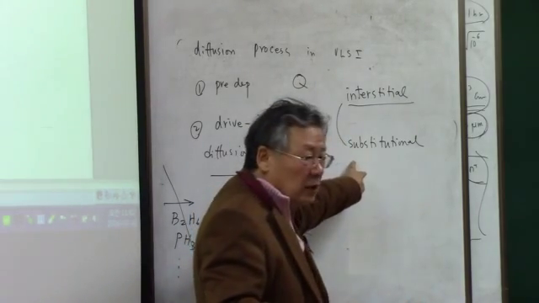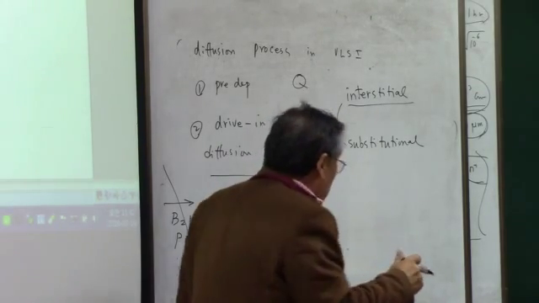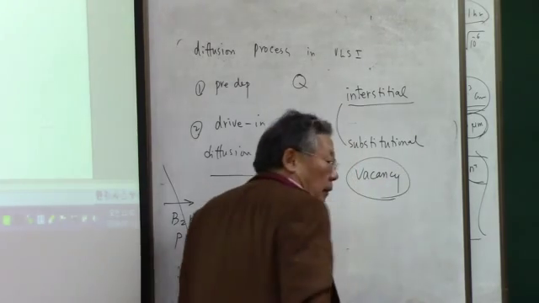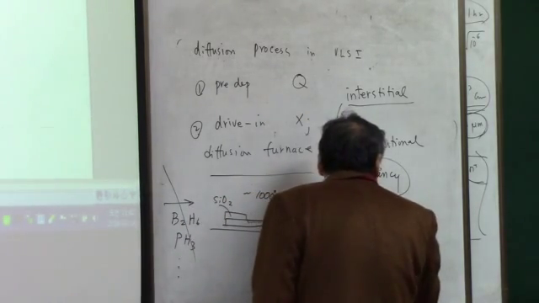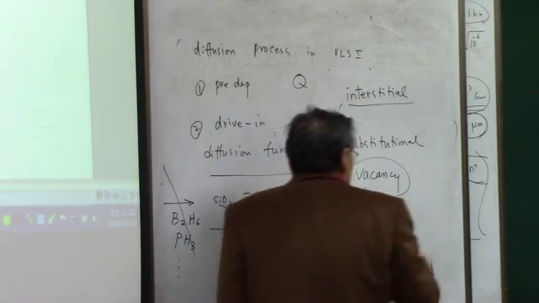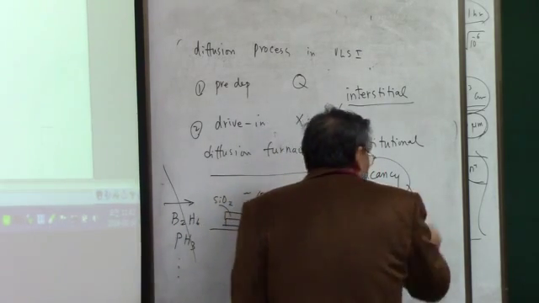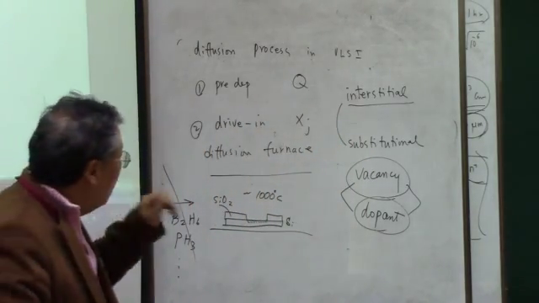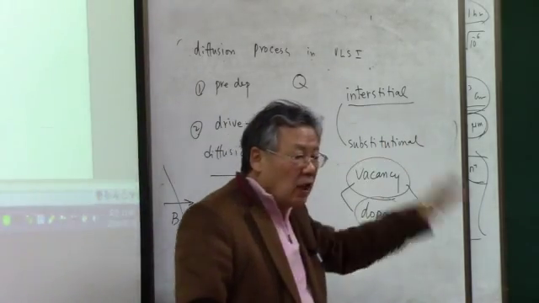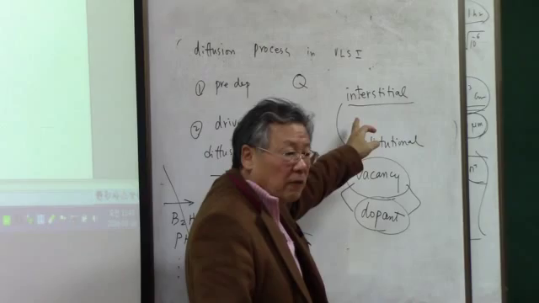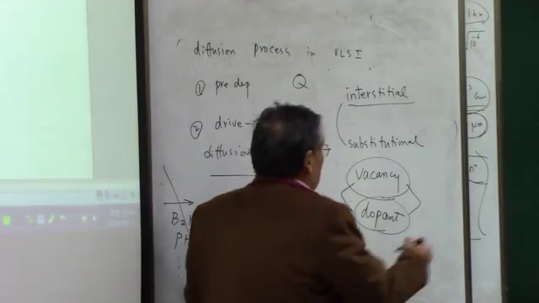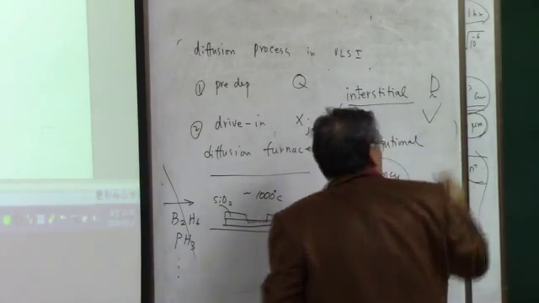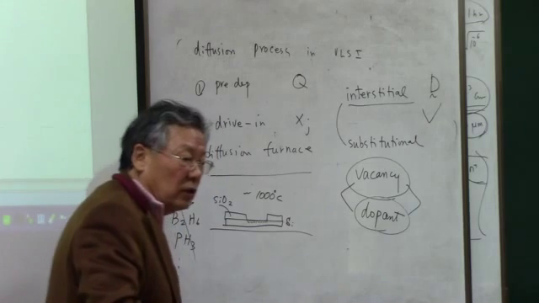But in substitutional diffusion, you have to incorporate the vacancies and the dopant atoms. You have to have a coupling action of these two to make a substitutional diffusion. So substitutional diffusion is always slower than the interstitial diffusion. You can see the diffusion coefficient of interstitial is very much higher than the substitutional diffusion.